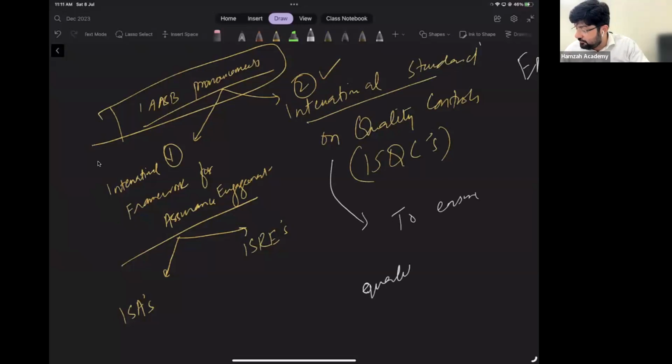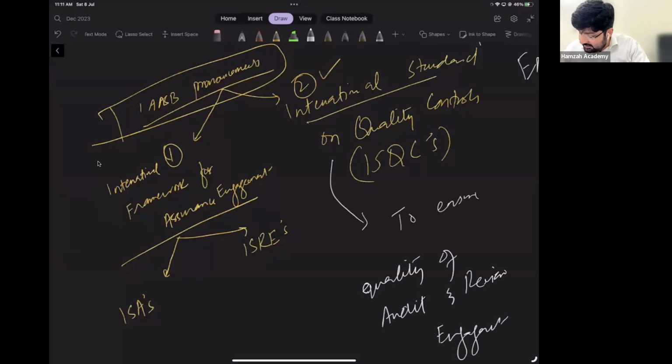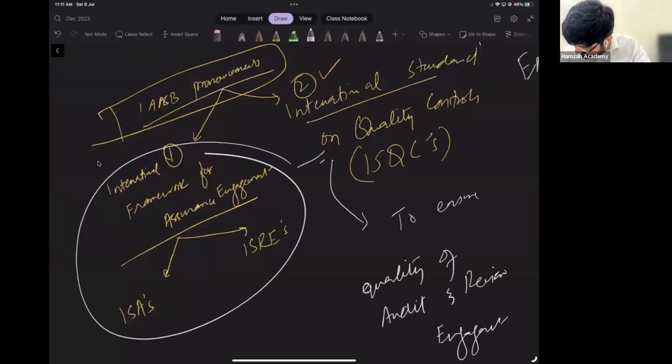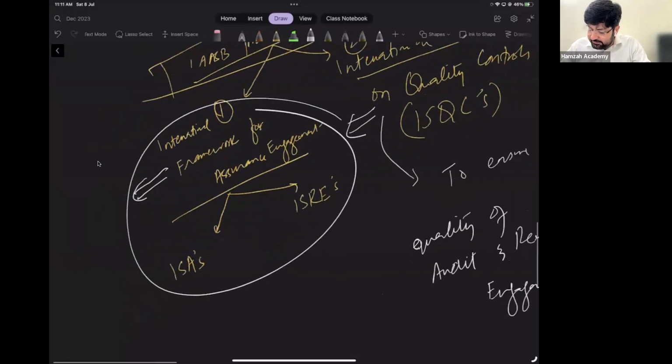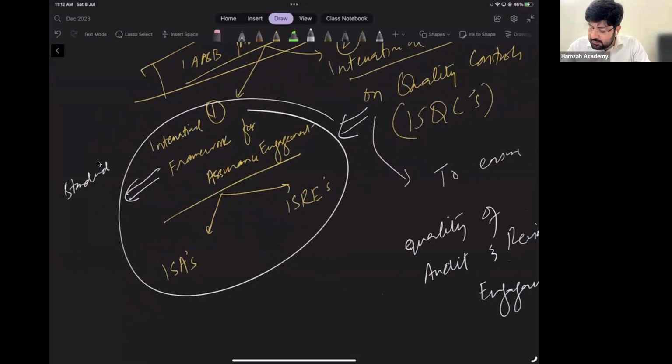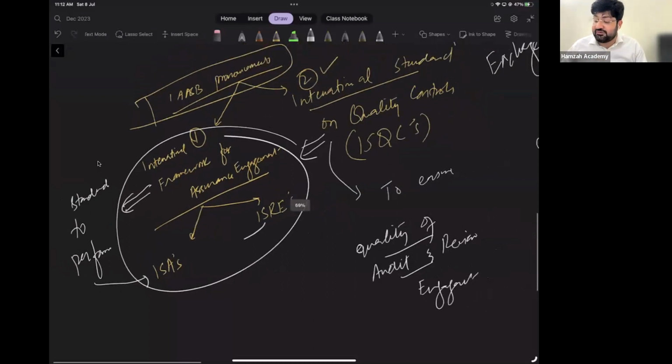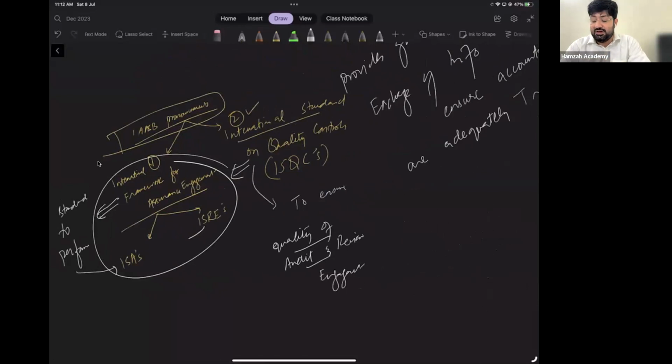IAASB issues this type of standards, and there are other standards, 3, 4, 5, 6 as well, by IAASB. Now remember, these standards are issued to ensure quality of audit and review engagements. Their quality. Both. They are standards to perform audit and review engagement. They are for quality assurance. Is it clear?